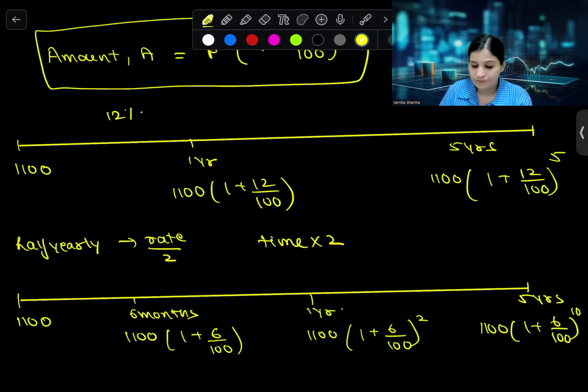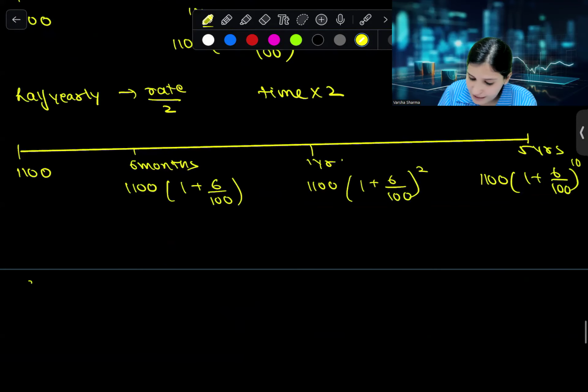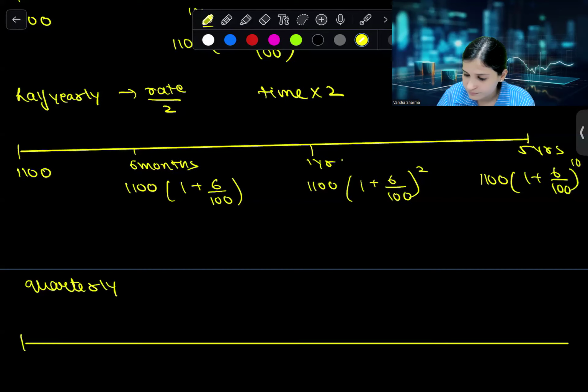Now, if the same thing I would have done quarterly. Quarterly means how many times in a year? 4 times. So if 12% is for the entire year and I'm now paying it in 4 parts, so for one part, for 3 months, what will be the rate?